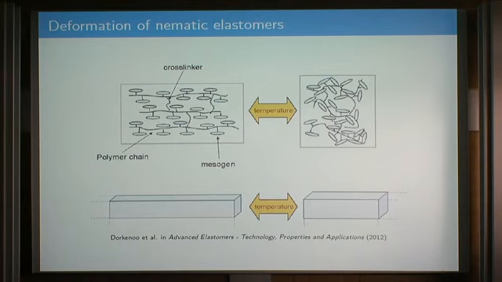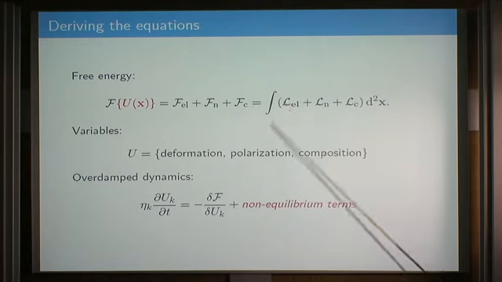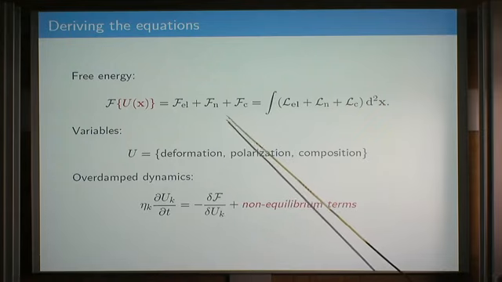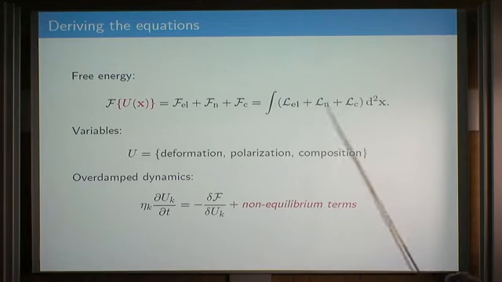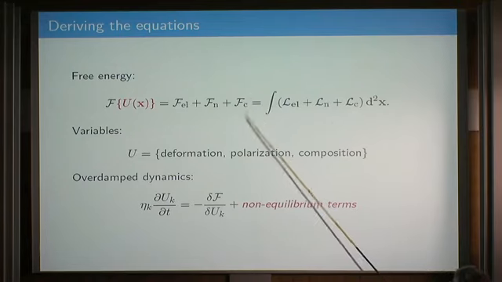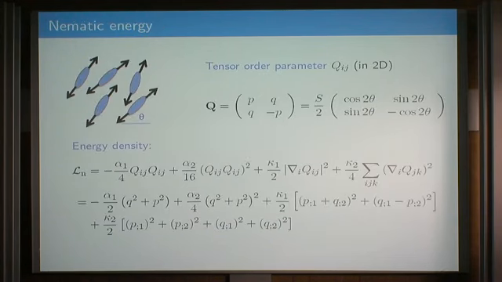So, when we consider it, the basic scheme, this slide is actually identical to what I showed before. There is elastic energy, and nematic energy, and some composition energy, and all of them dynamics. What is different? The nematic energy, because there is a different tensor character of the order parameter field here.